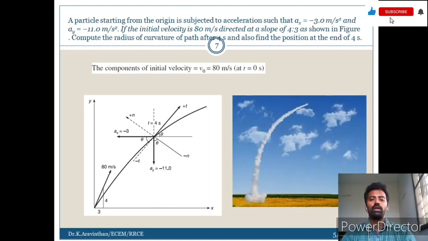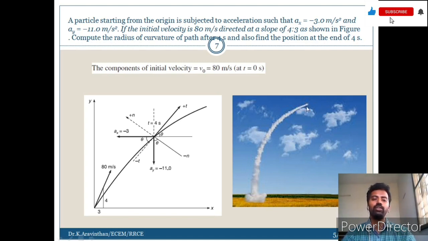So these oriented problems can be applied for a rocket or a missile. Here you have to note that if a missile is launched at a particular slope or a particular degree, after launching that missile, after 3 seconds, you can identify what is the distance covered in x direction and the y direction.